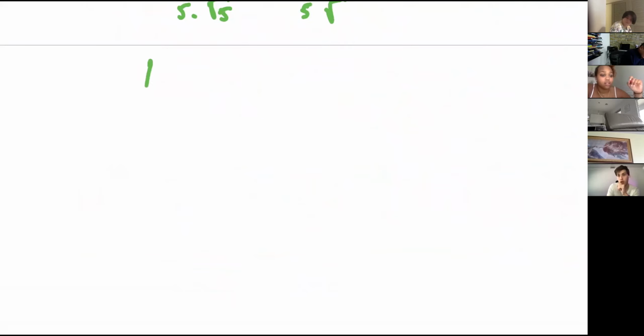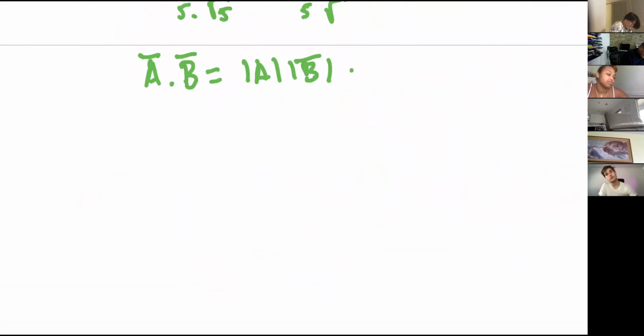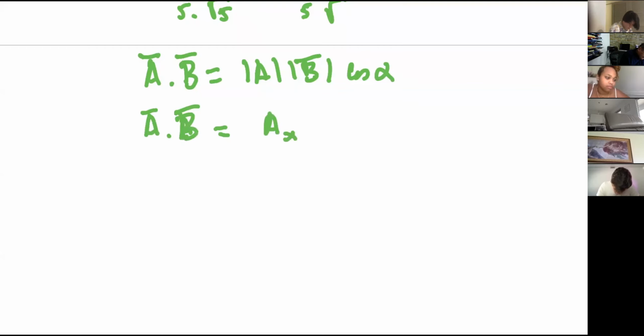A scalar B is magnitude of A by magnitude of B by the cosine of alpha. Is this the definition of the scalar product of two vectors? Yeah. Is this a number? Yeah. Also, I proved in class that A scalar B is AX BX plus AY BY. So why am I doing this?